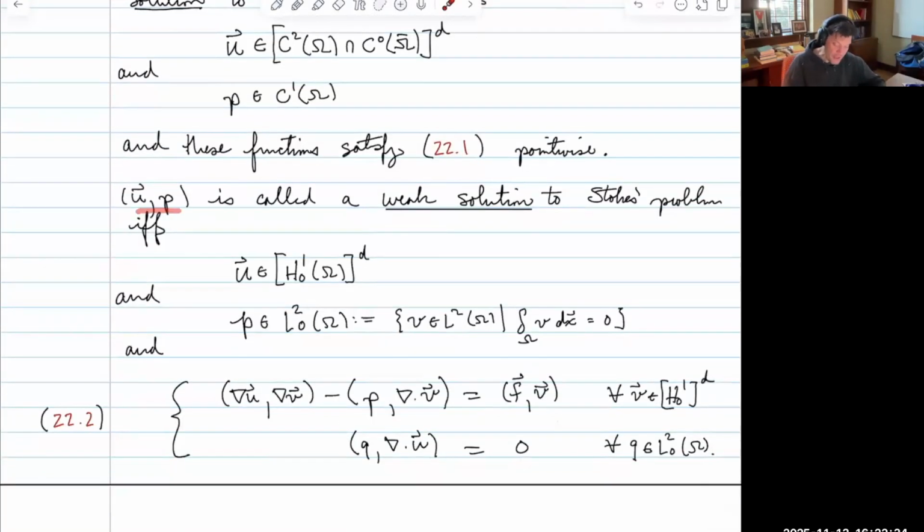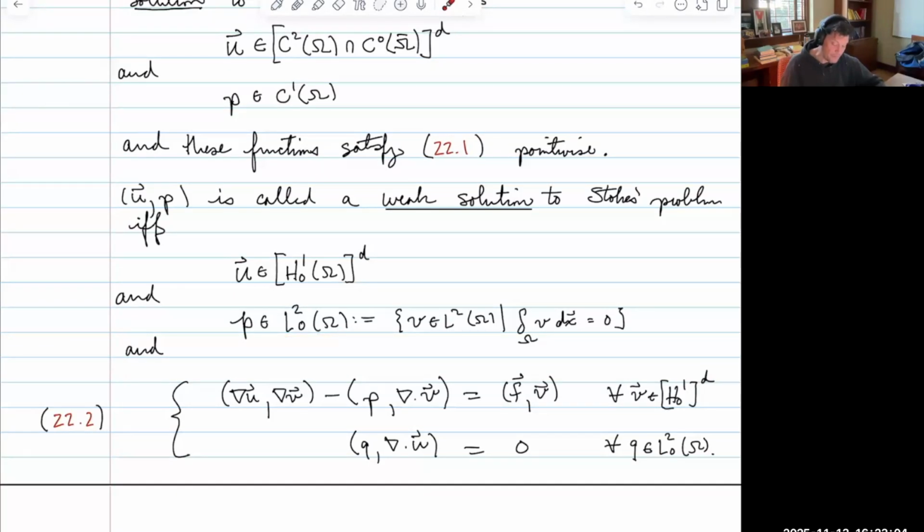u, p is called a weak solution to the Stokes problem if and only if u has this regularity. We're only going to require one derivative in the end of u. Each component has to have the same derivatives, and we're going to build the boundary conditions into the space so that we're going to demand that each component of u is an H01 function. P, on the other hand, doesn't have to have any derivatives, so we can take P to be in L2.